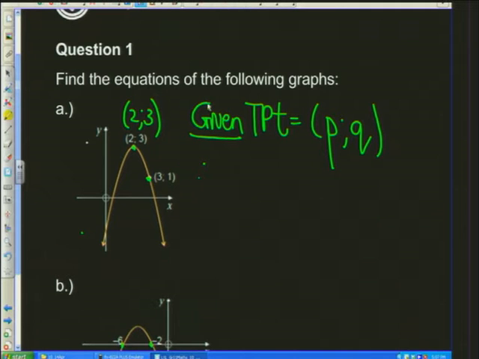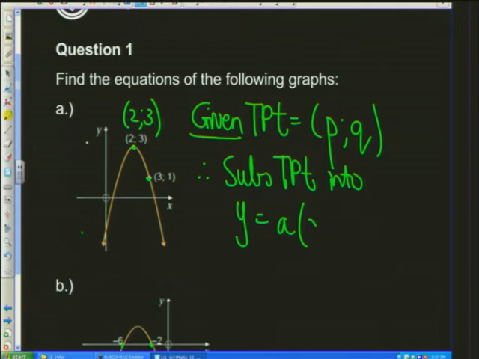If that happens, then I'm going to substitute the turning point into the equation y equals a into (x minus p) squared plus q. So if I'm given PQ, it means I must be able to substitute it in, but I'm still missing that coefficient of x squared, the coefficient that stretches the graph.